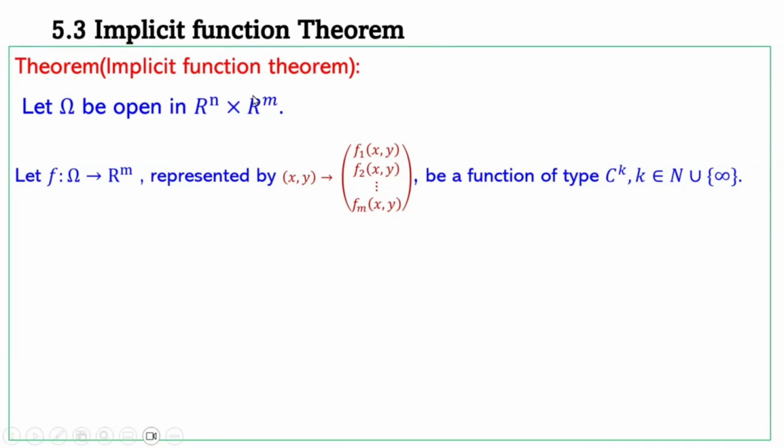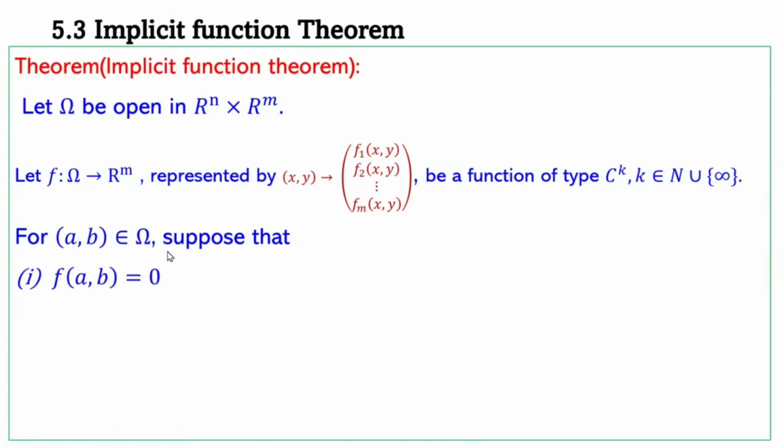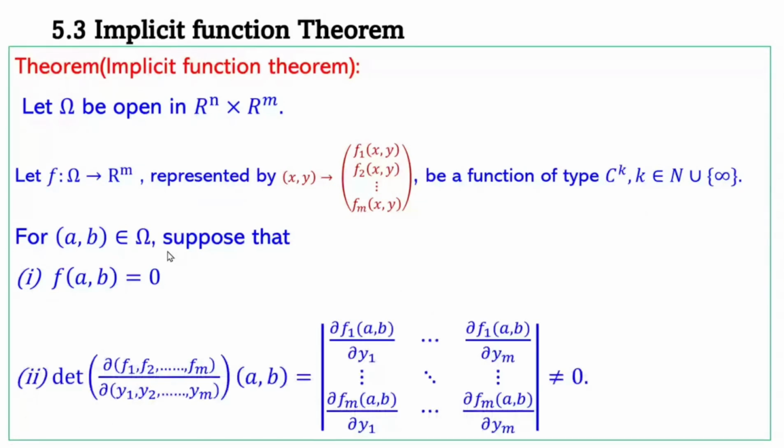Since it is going to R^m, we have m component functions of type C^k, meaning all the kth partial derivatives are continuous. Now for (a,b) belongs to omega, suppose that f(a,b) equals 0 and the Jacobian, or the derivative with respect to the y variables at the point (a,b), is not equal to 0.